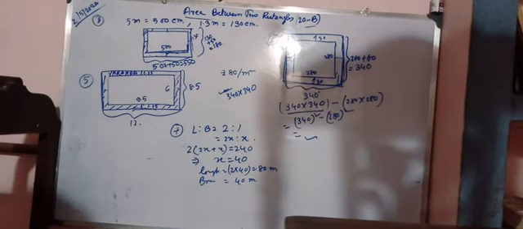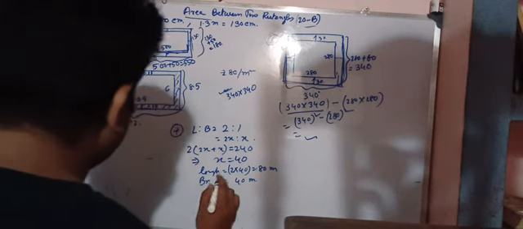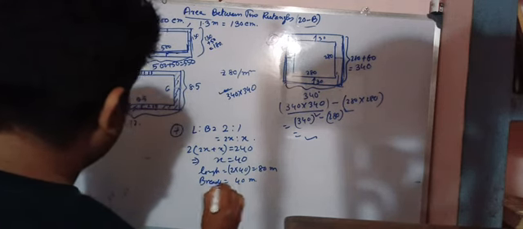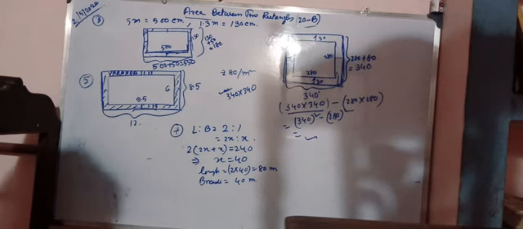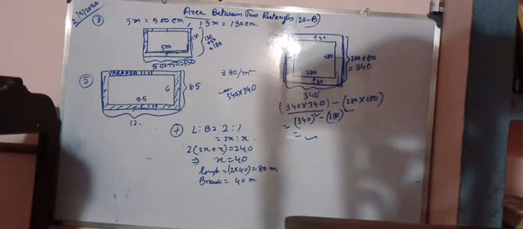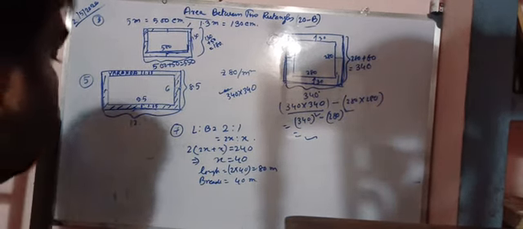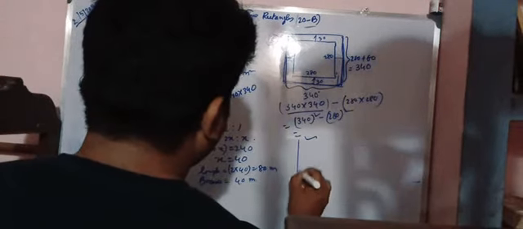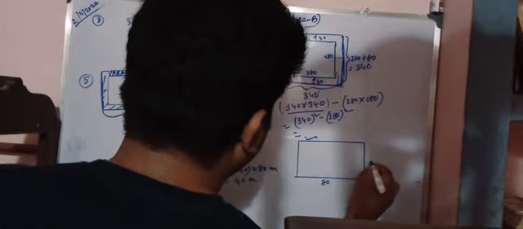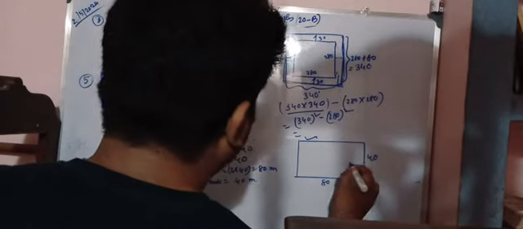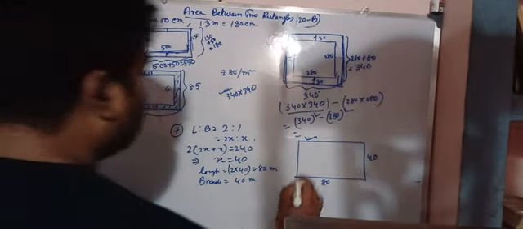Understood? Now we have to consider that a path 2 meter wide runs inside it. So if this is my 80 meter and this is my 40 meter, a 2 meter wide path runs inside it.